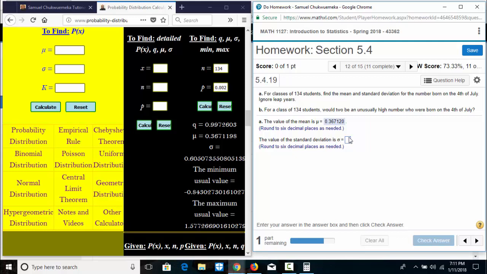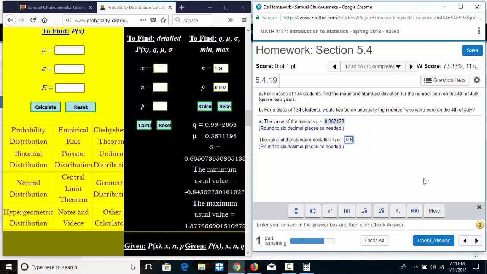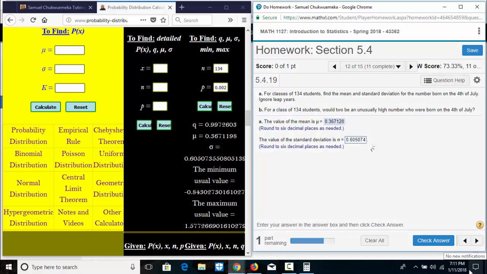Okay, the standard deviation to 6 decimal places will be 0.605074.